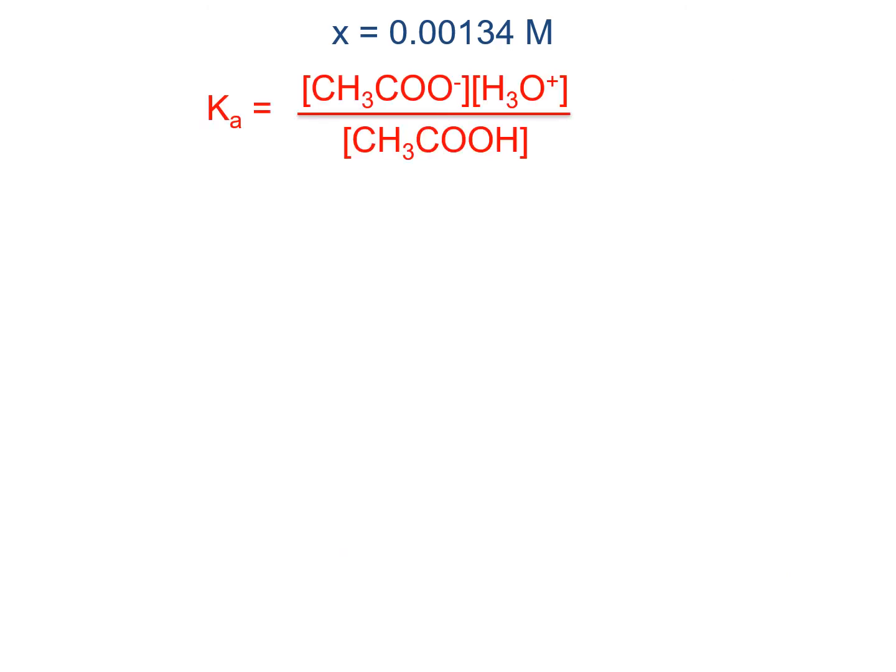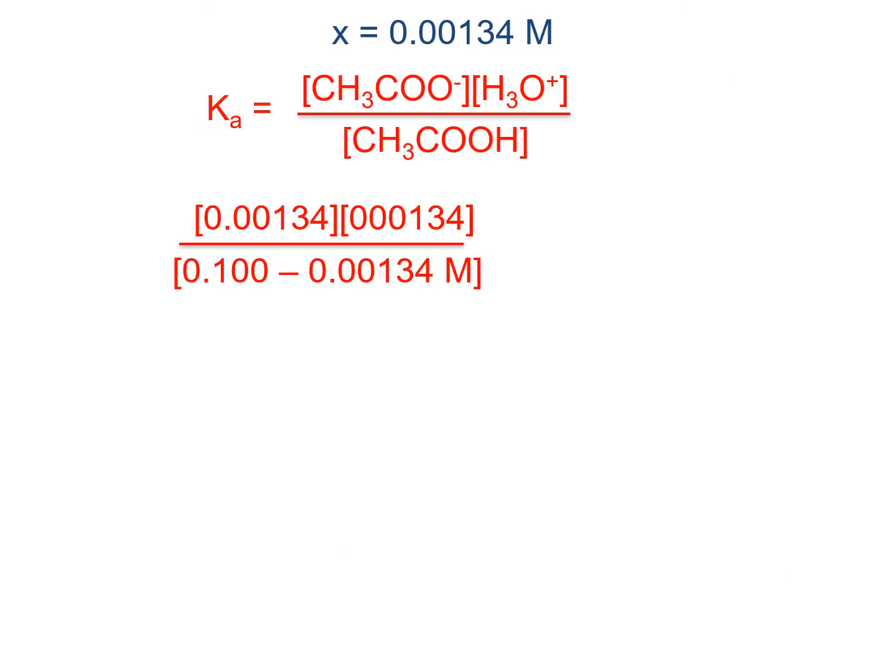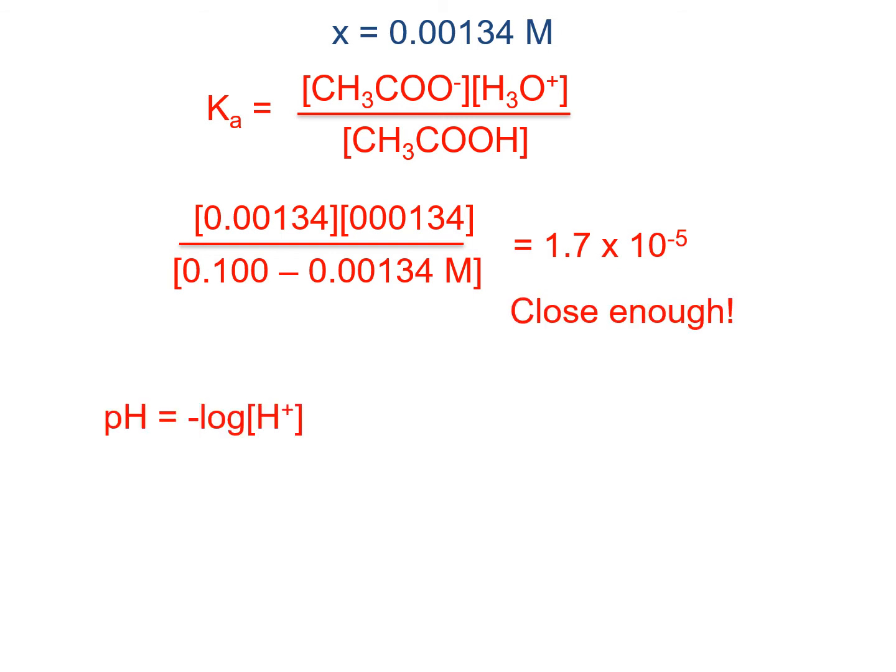Before I can just get the pH of that, I would need to go back and check to make sure my approximation works. I get a Ka that's close to my value from the question. I can then use my hydronium concentration and take the negative log of that to get the pH of my acidic solution before I have added any of the strong base.